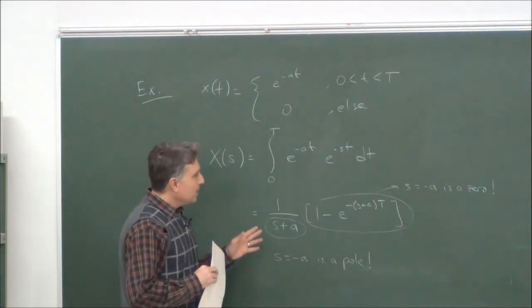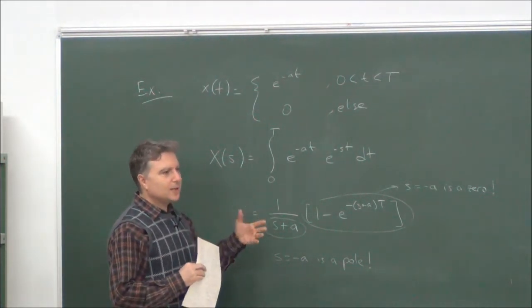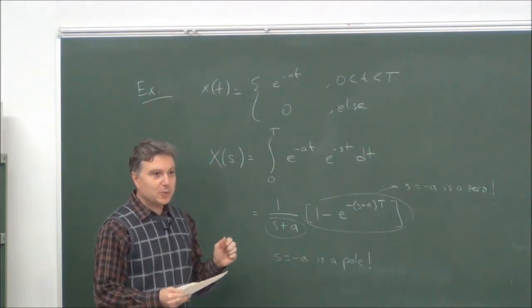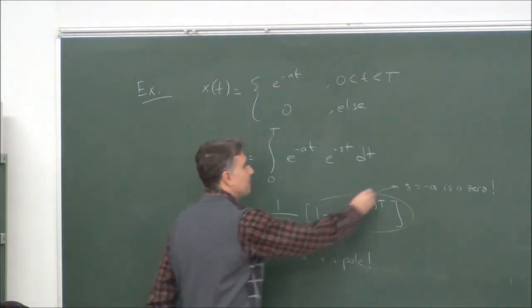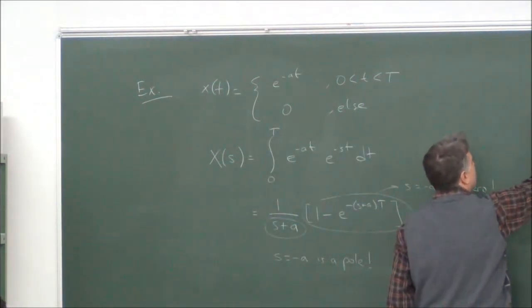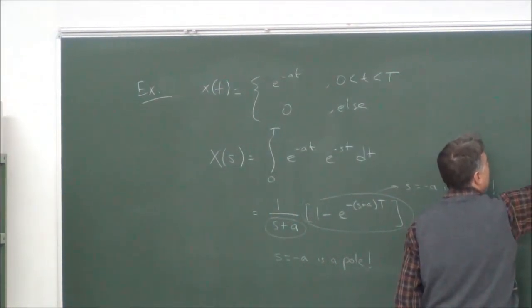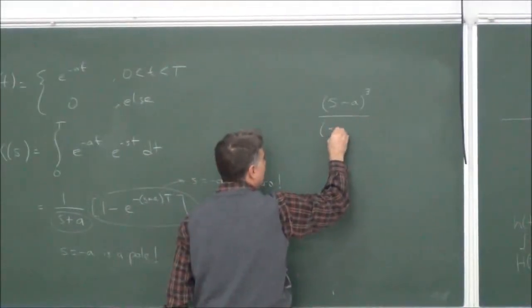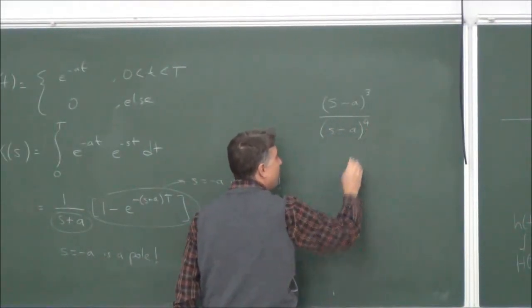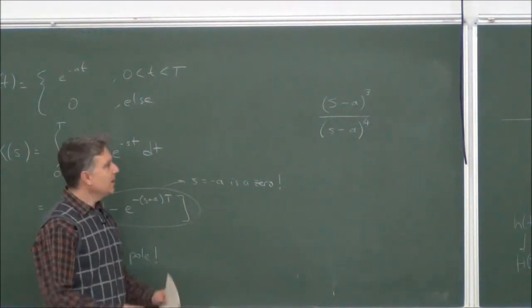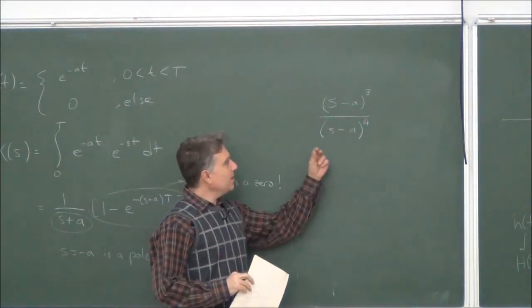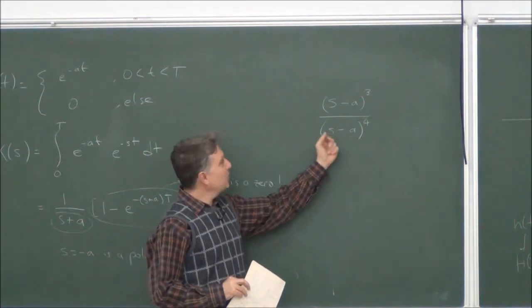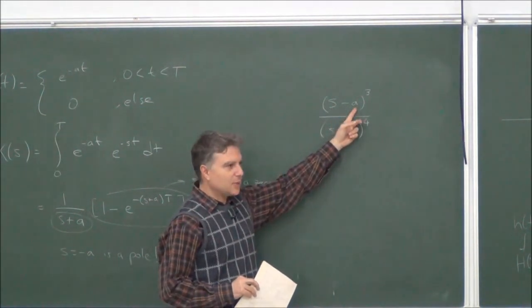But we know that the strength of the roots in the numerator and the denominator may also be different. For example, if I say s minus a to the power 3 divided by s minus a to the power 4. Here we have a pole at s is equal to a, and we have a 0 at s is equal to a as well.